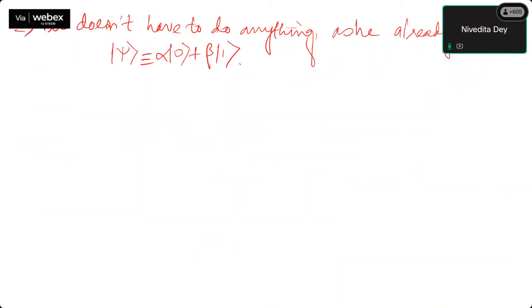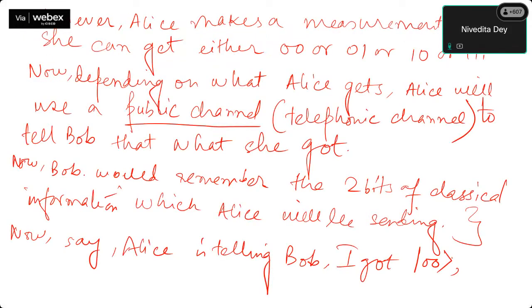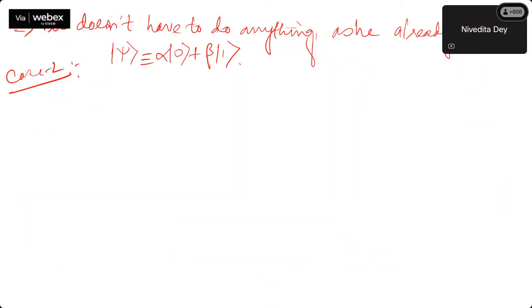So this was case 1, and case 2 is where Alice has 01 and has sent this information to Bob.